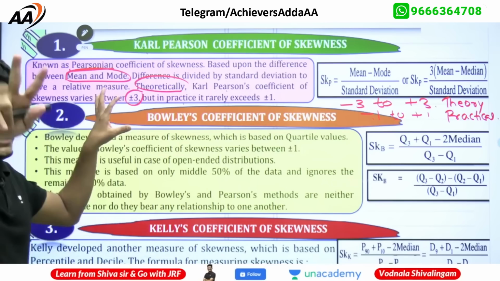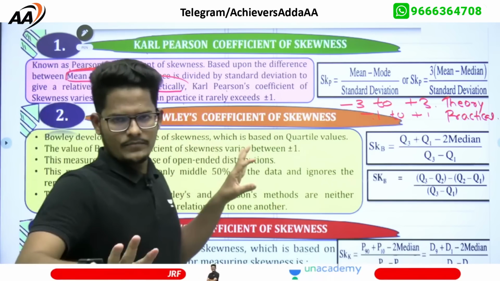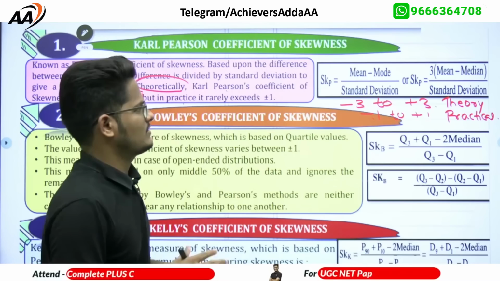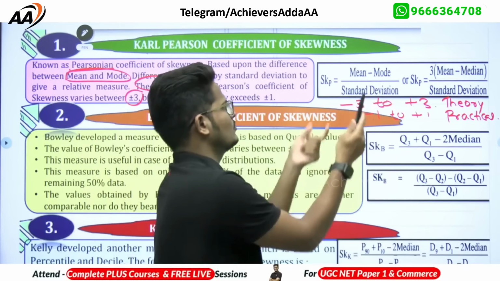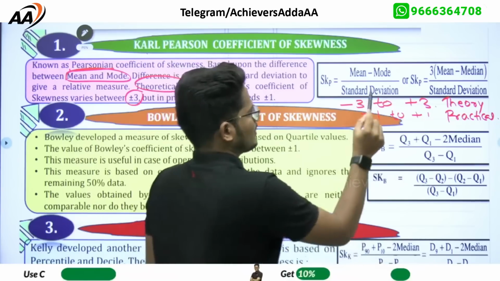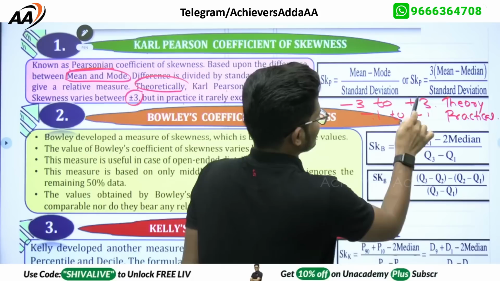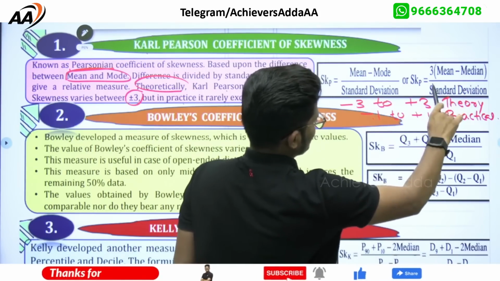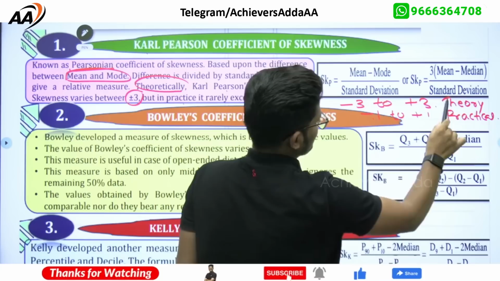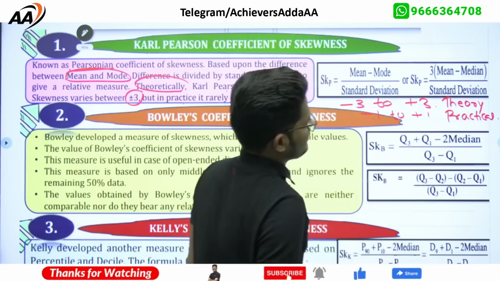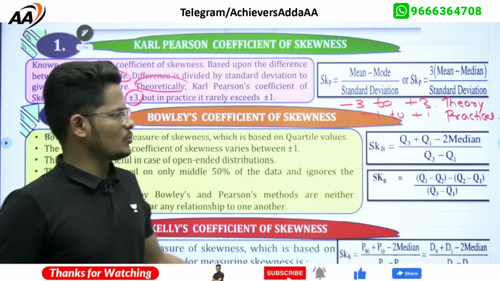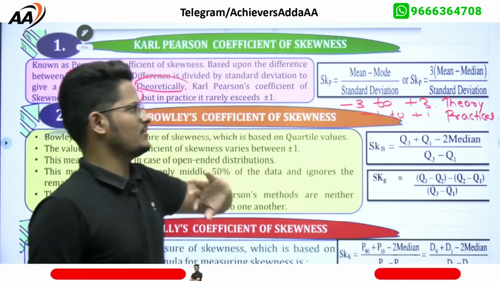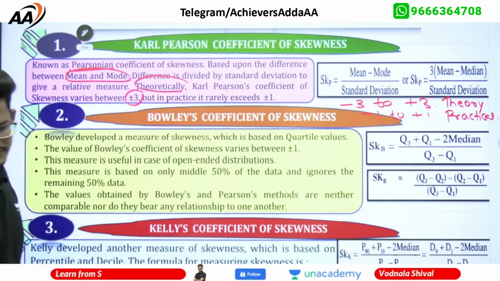So this is the difference between the mean and mode divided by the standard deviation: mean minus mode divided by standard deviation. Or else you can also write it this way: 3 into mean minus median divided by standard deviation is another formula of Pearson's coefficient of skewness.